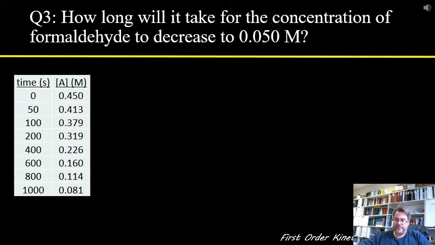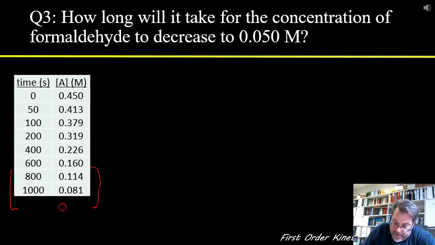Third question I'm going to look at. How long will it take for the concentration to decrease to 0.050 molar? All right. So if we look down here at the bottom of this table, it's decreasing between 800 and 1,000. It goes down by about 0.03, right?